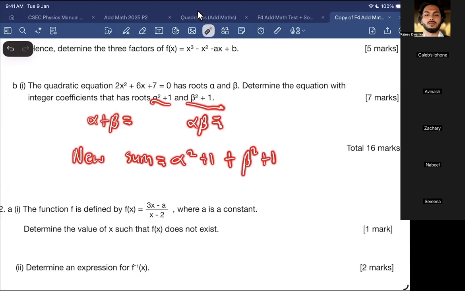Right. Again, get in the habit of saying alpha and beta. This could simplify to alpha squared plus beta squared plus what? 2. Right. Do we know what alpha squared plus beta squared is? We do. That was the last thing we did just now.